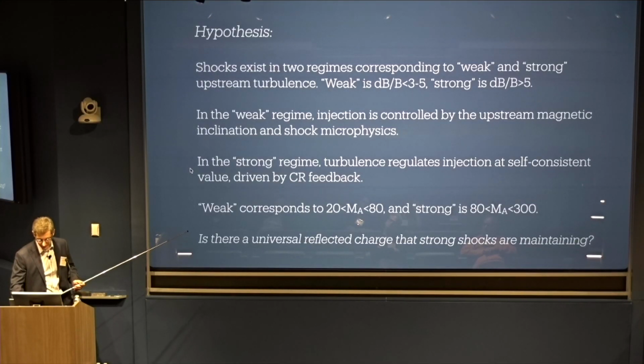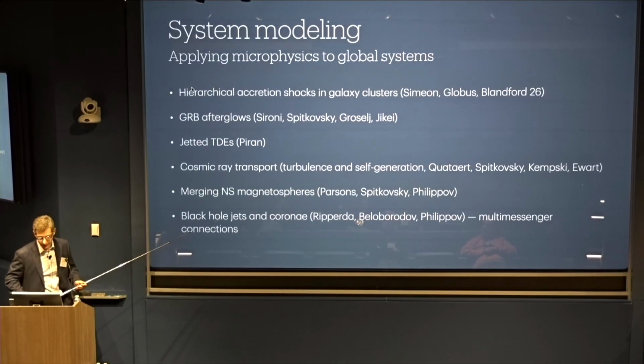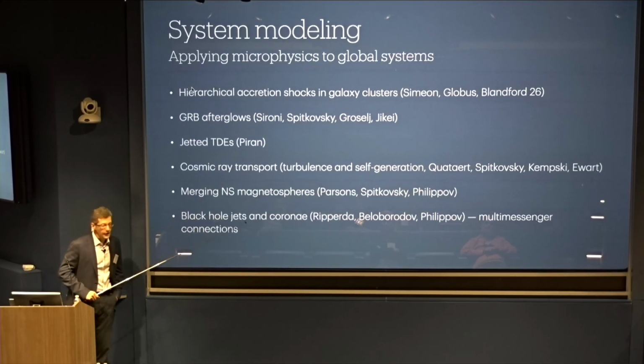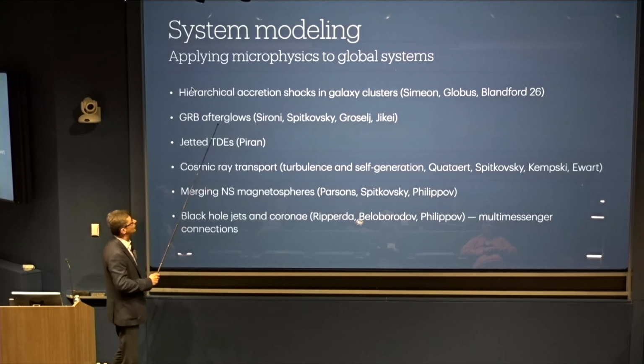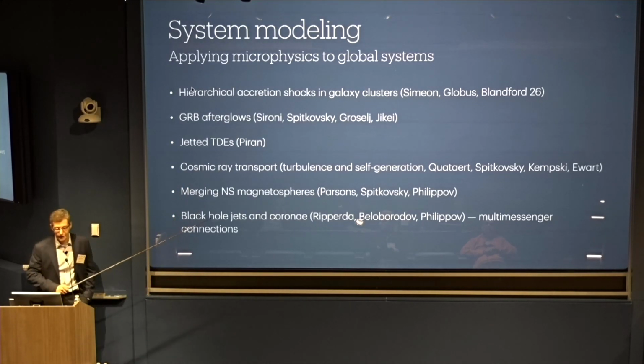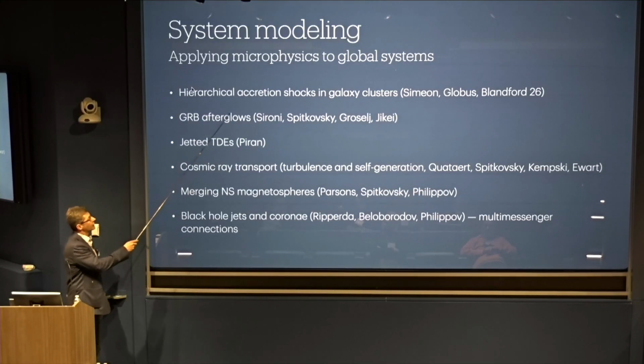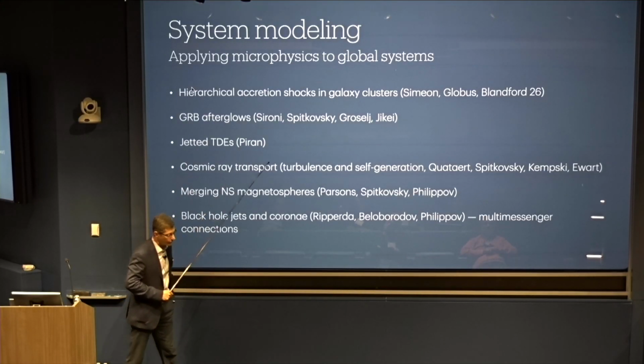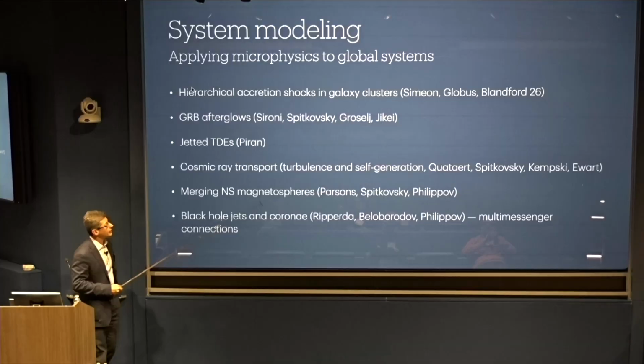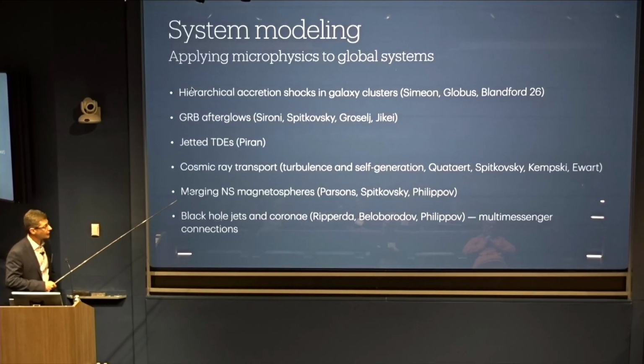Okay, I'm almost at the end. The final thing that I wanted to mention is this idea of system modeling. A few works have been done by the collaboration, such as the hierarchical accretion shock. This is trying to explain the ultra-high energy cosmic rays production.